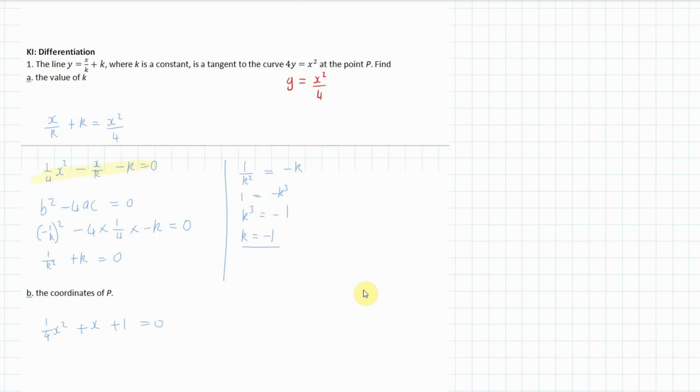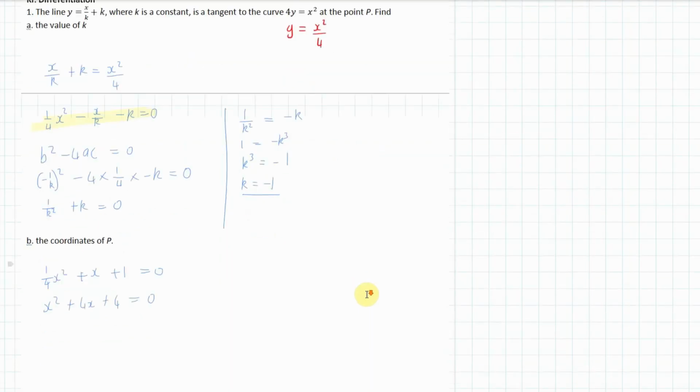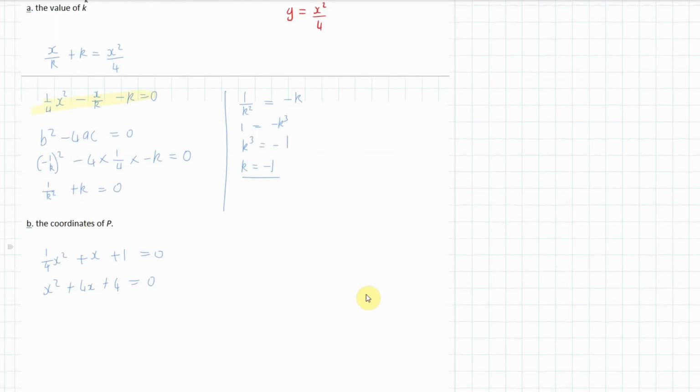And so if I multiply everything by 4, I get x squared plus 4x plus 4 equals 0. And that to me looks like I can just factorize it. x plus 2 all squared equals 0. So x equals minus 2.